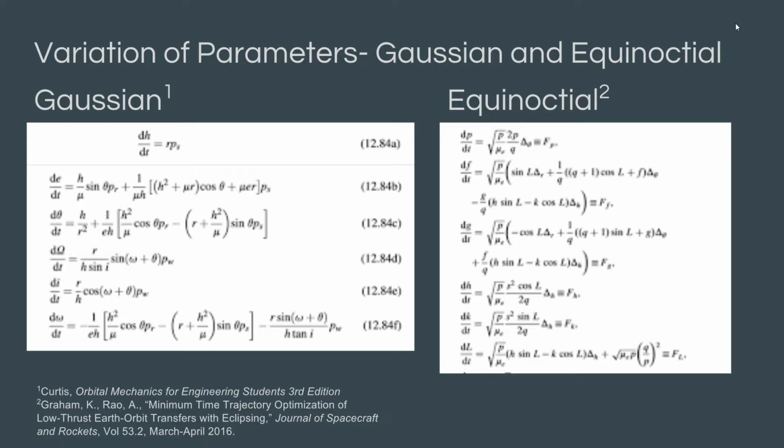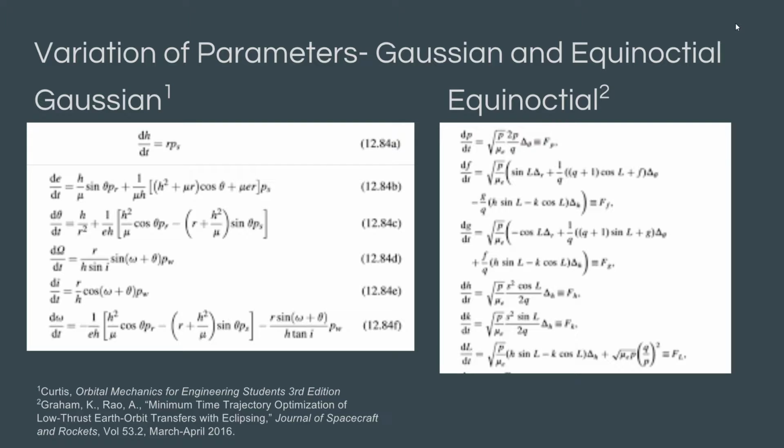The Gaussian form of the variation of parameters has the classical orbital elements with either the angular momentum or the semi-major axis being propagated for the first term, and the next 5 terms are always the same.